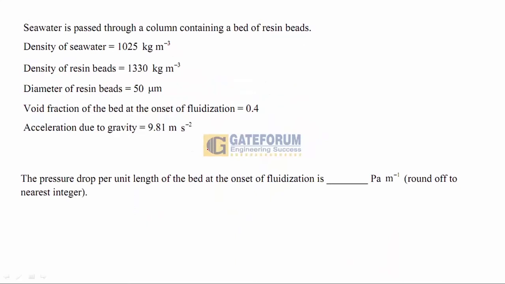Okay, so the next question is, seawater is passed through a column containing a bed of resin beads. The density of seawater is given to us, then the density of resin beads is also given, and the diameter of the resin beads is given, then the void fraction of the bed at the onset of fluidization.